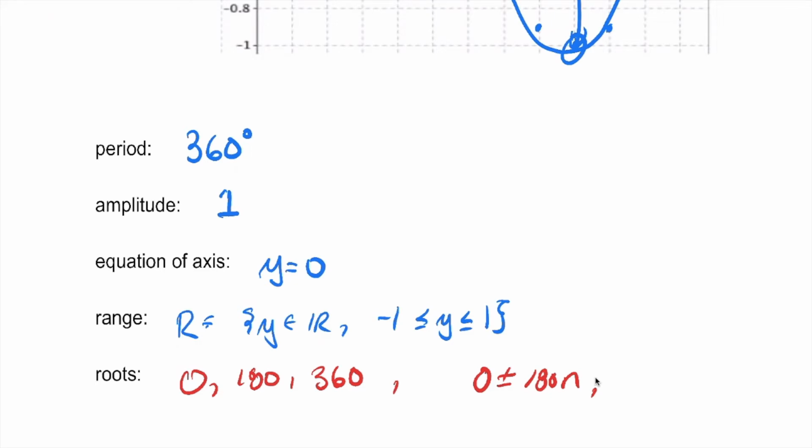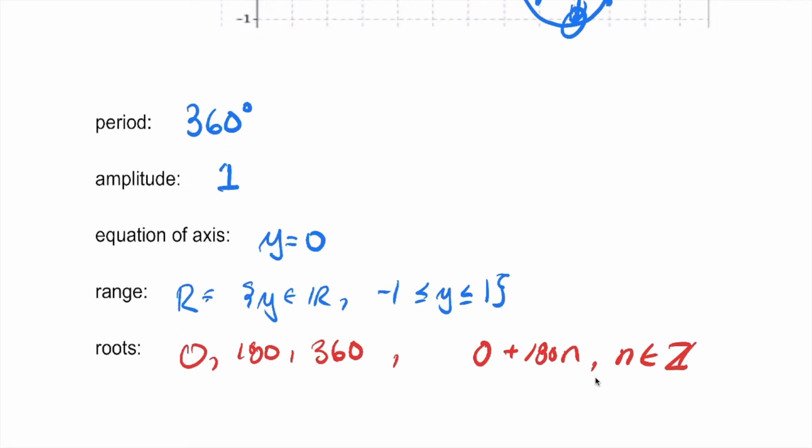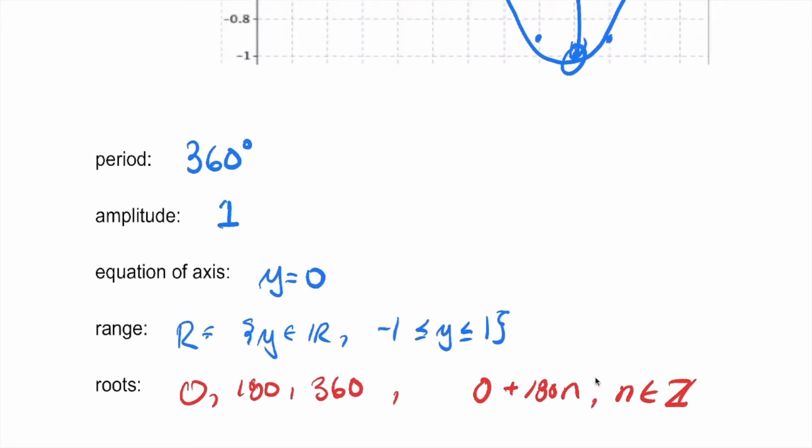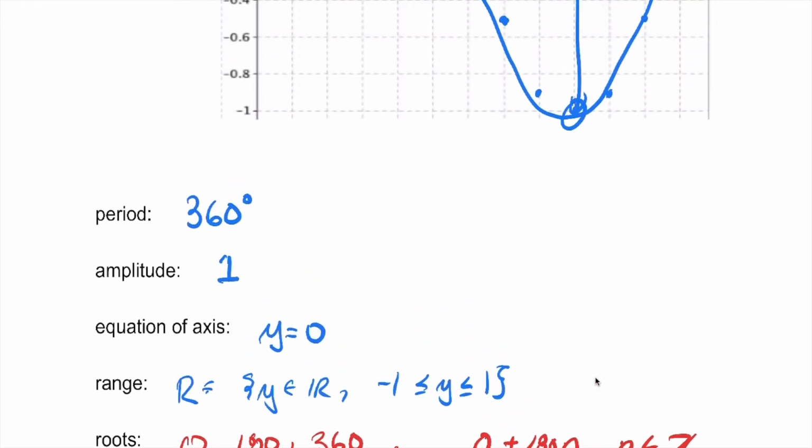Actually, we could simplify that a little bit, not plus or minus, but just plus, where n is an integer. Here, an integer could be positive or negative. So the roots are going to happen every 180 degrees.